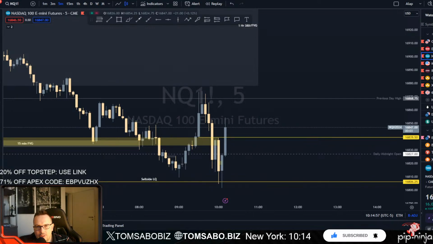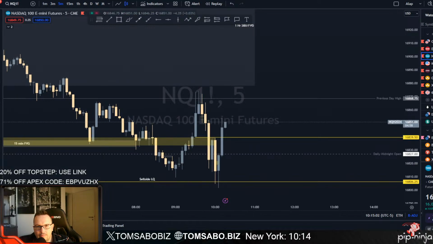I'm not really using the weave up, but I used to watch for it in terms of potential targets. But as long as ES tries to push higher, NQ is gonna go with it. So it feels like it wants it.